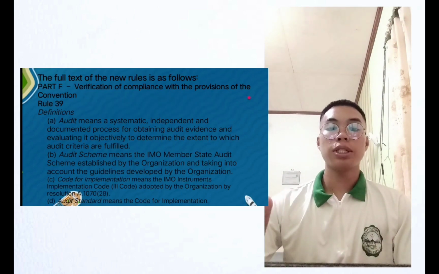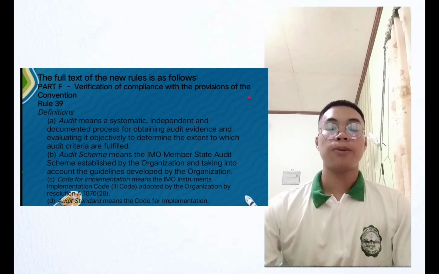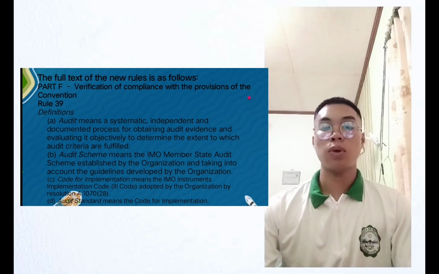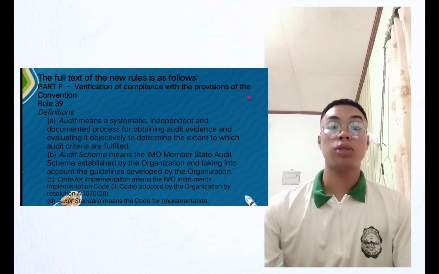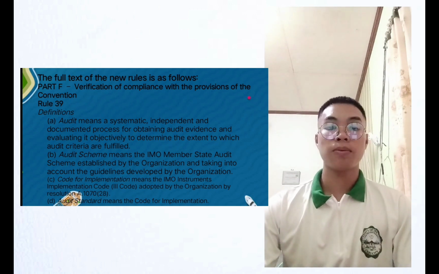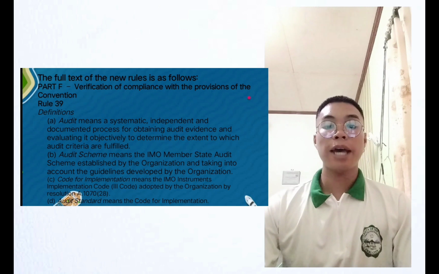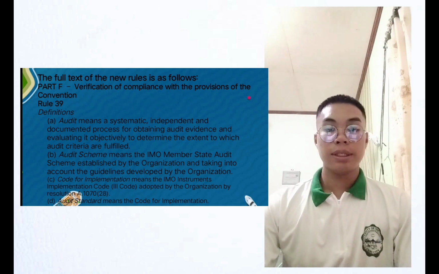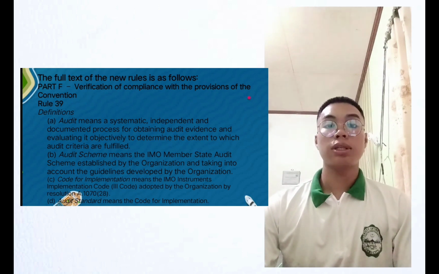On Rule number 39, they have four. Audit means a systematic, independent, and documented process for obtaining audit evidence and evaluating it objectively to determine the extent to which audit criteria are fulfilled. Audit scheme means the IMO Member State Audit Scheme established by the organization and taking into account the guidelines developed by the organization.